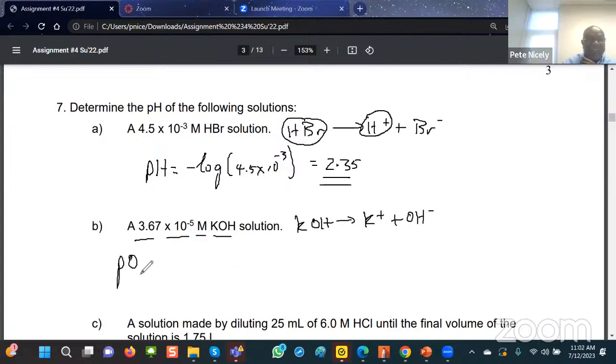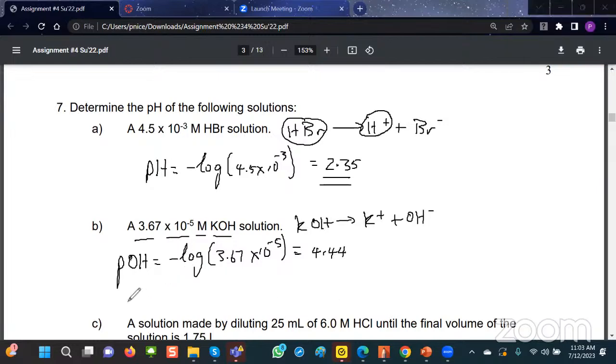So pOH would be equal to minus log of 3.67 times 10 to the minus 5, all right? So I think I did that, and I got 4.4. What next? You would do 14 minus the pOH would equal pH.